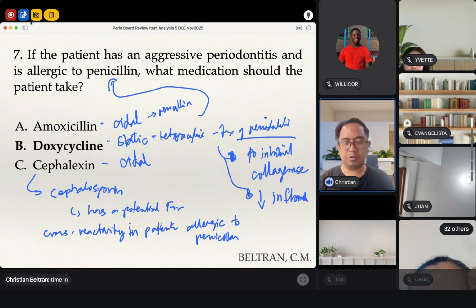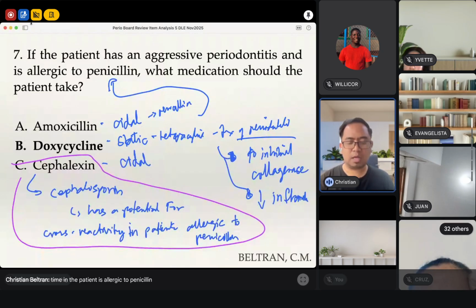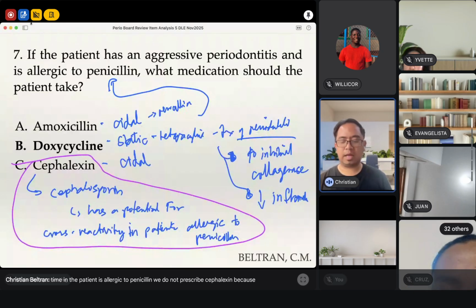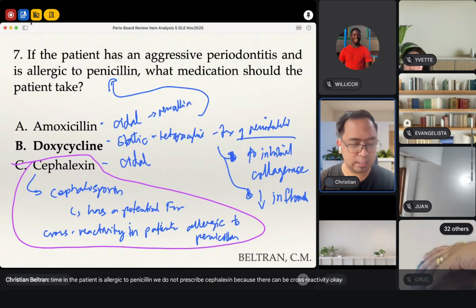So most of the time, if the patient is allergic to penicillin, we do not prescribe cephalexin because there can be cross-reactivity. So, doxycycline.